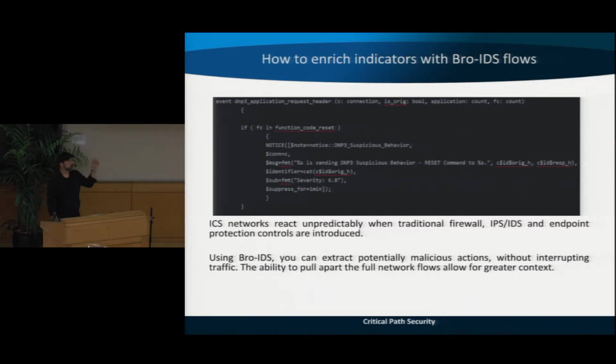If I jump onto a network and I want to alter an environment, or I want to stop a job, or I want to make a change, I can drop in, pull that traffic in plain text, because DNP3 and Modbus both are, and then do replay attacks, or do resets, or do any number of things. So one thing we can do with Bro, and I'm sorry if this is a little hard to read, but go ahead and define what you want to look for in there that would be suspicious to you, such as a function code reset.